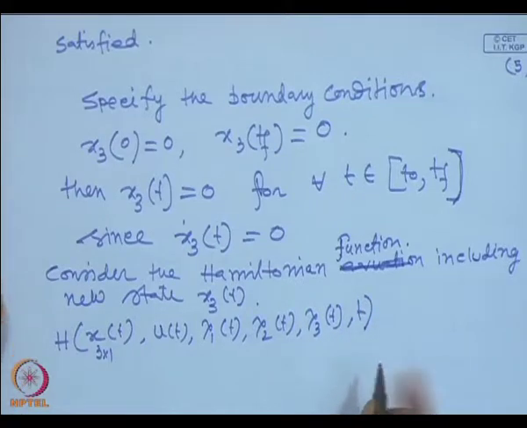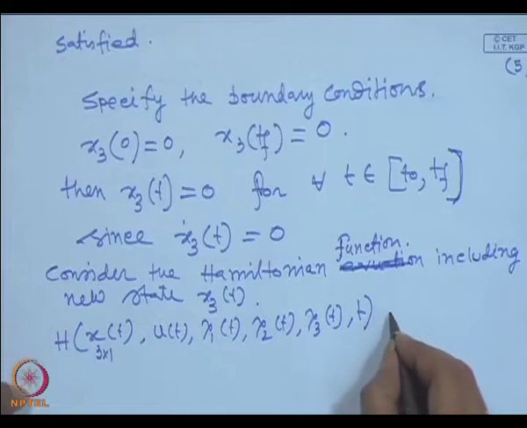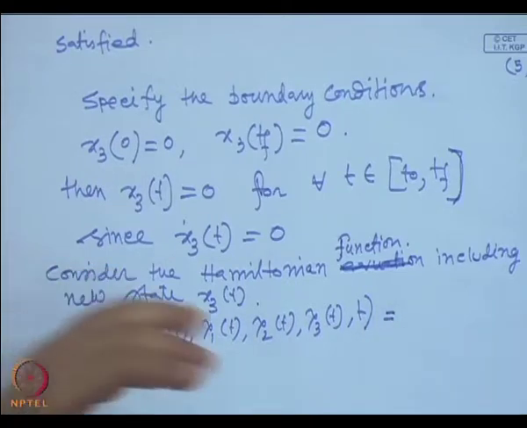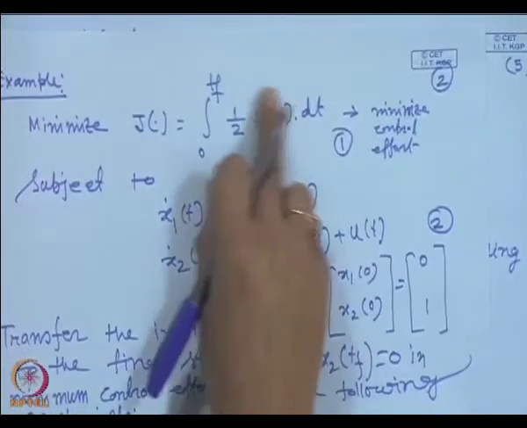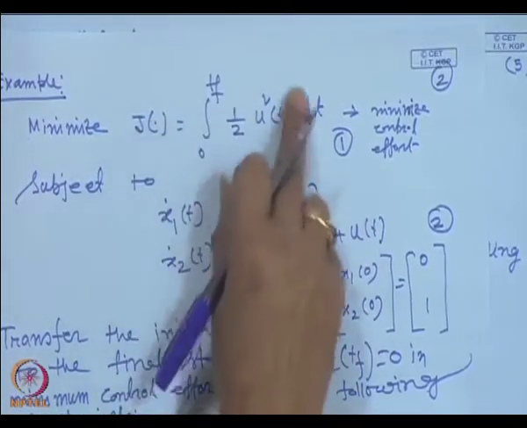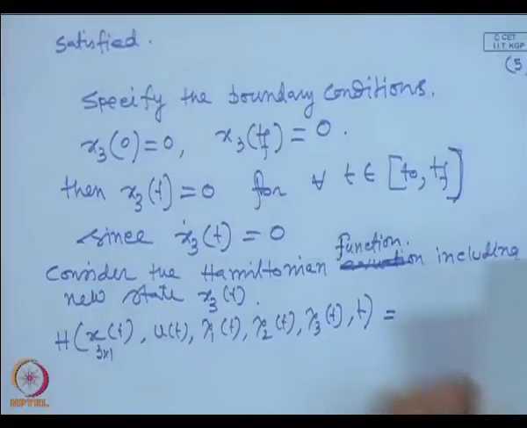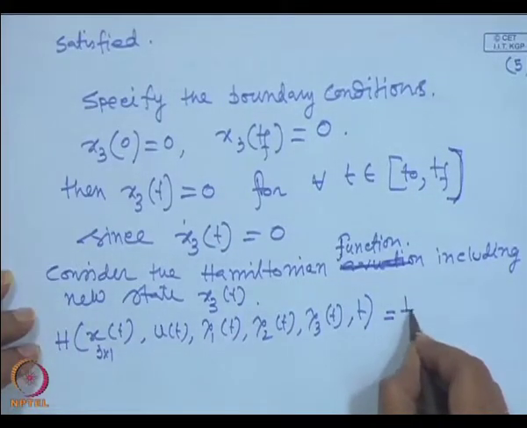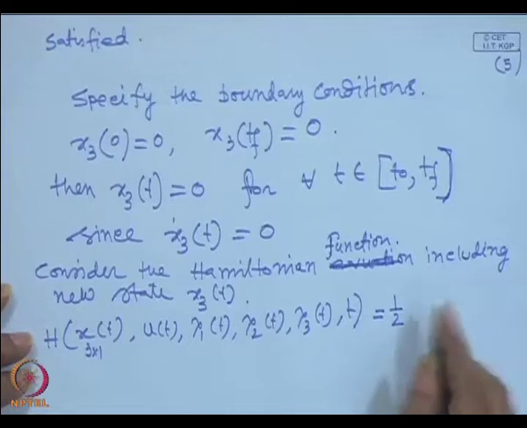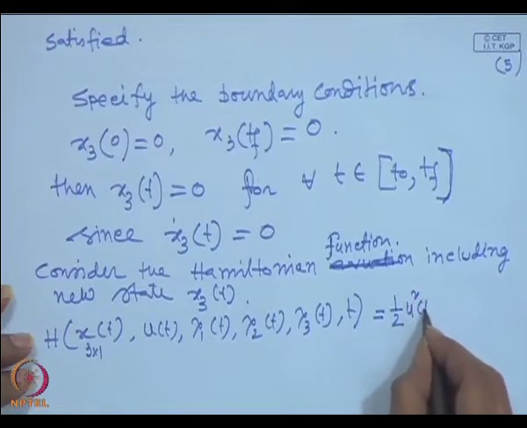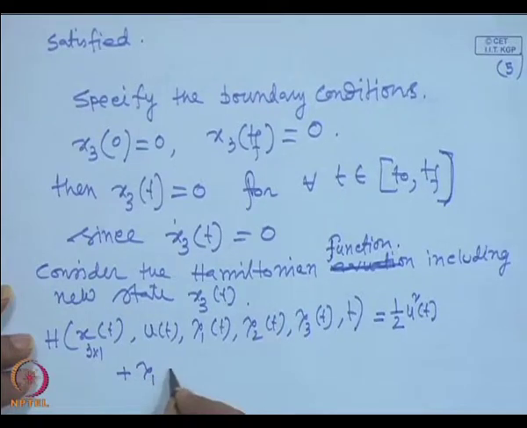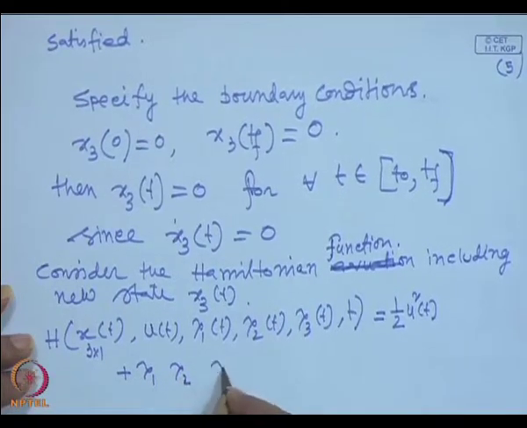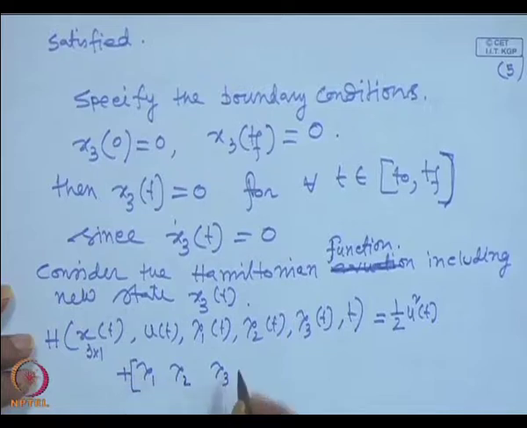What is this? See the performance index, the part inside the integral is that one. So, you have to write one half u square plus lambda 1, lambda 2, lambda 3, which are functions of time.